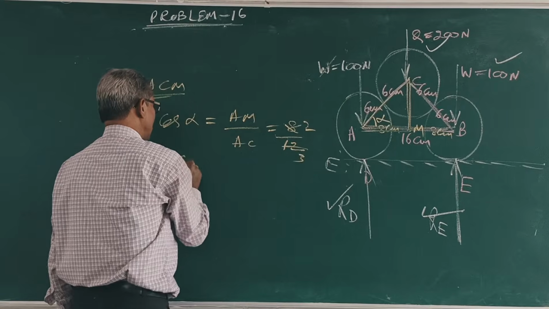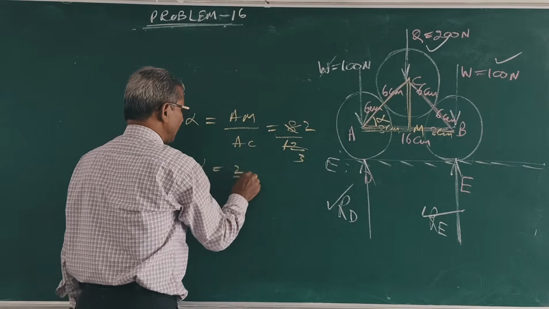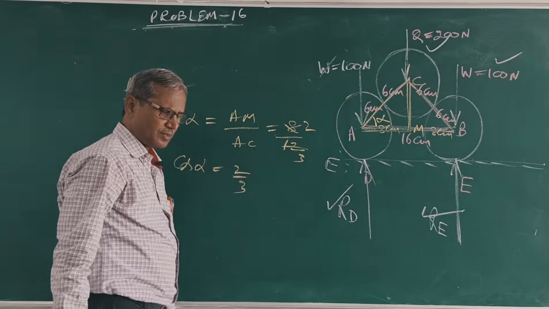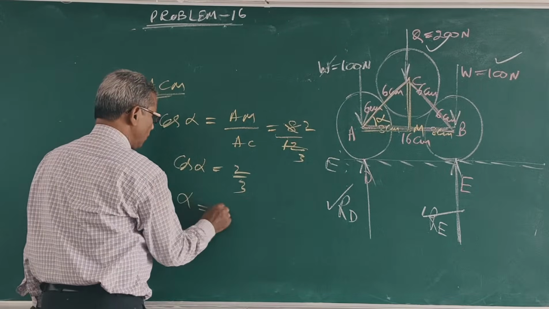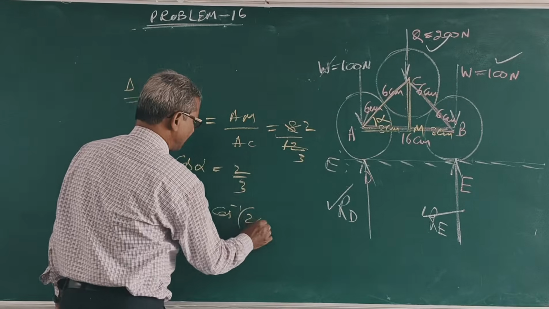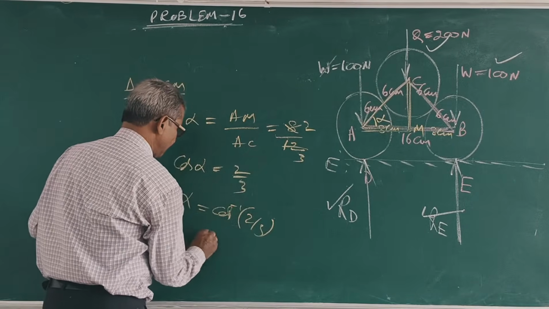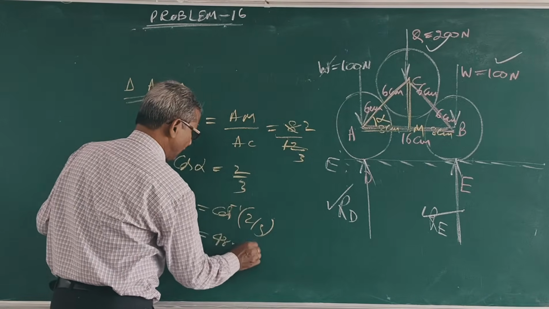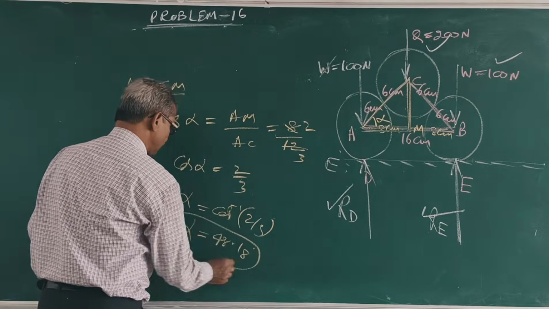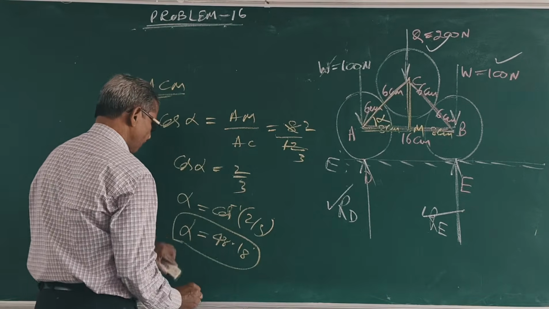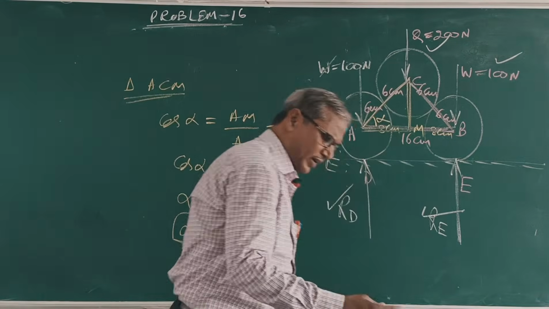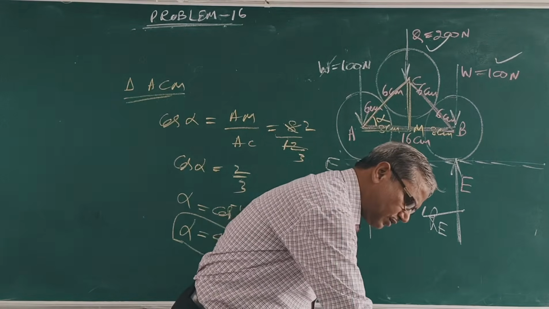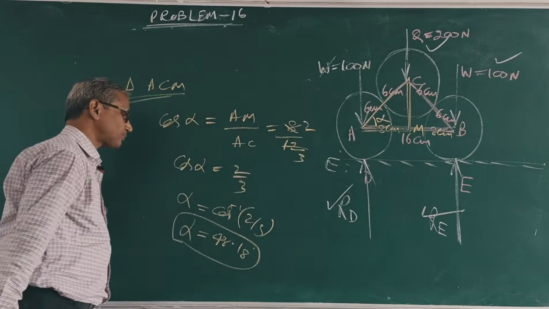So cos alpha is equal to 2 by 3. What is alpha? Cos inverse 2 by 3, which may be 48.18 degrees. Alpha is equal to 48.18 degrees. Clear?